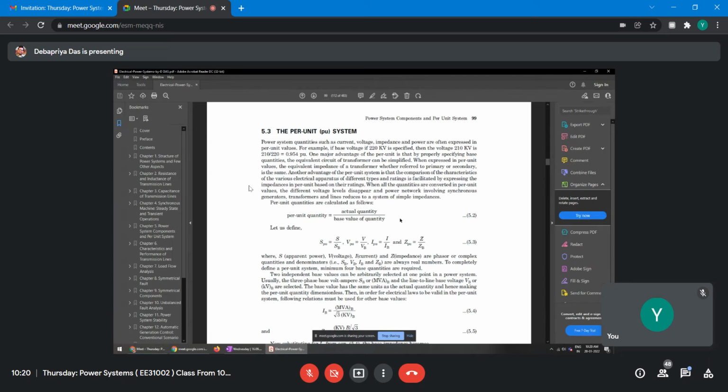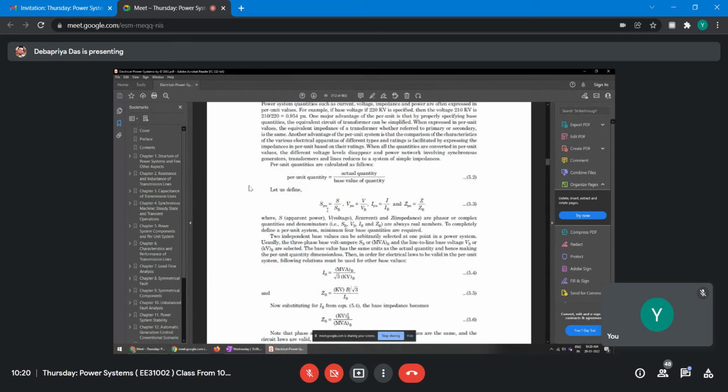In general, per unit quantity is equal to the actual quantity divided by the base value of the quantity. So we have to choose some base value. For example, suppose S is the apparent power and SB is the base value. So apparent power per unit will be S by SB. Now voltage per unit, V is the actual value and VB is the base value that you have chosen, so that is V by VB.